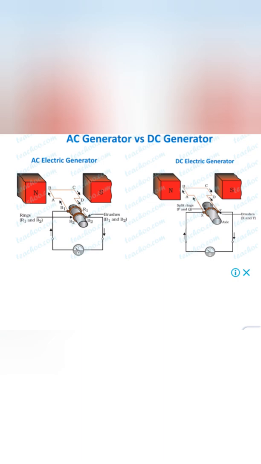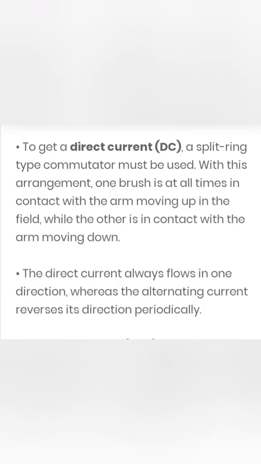In a DC generator, we use the split rings. A split ring makes the direction of the current unidirectional. So one arm is always in contact with one brush, the one which is moving up, and the other which is moving down, so that the direction of the current remains the same.